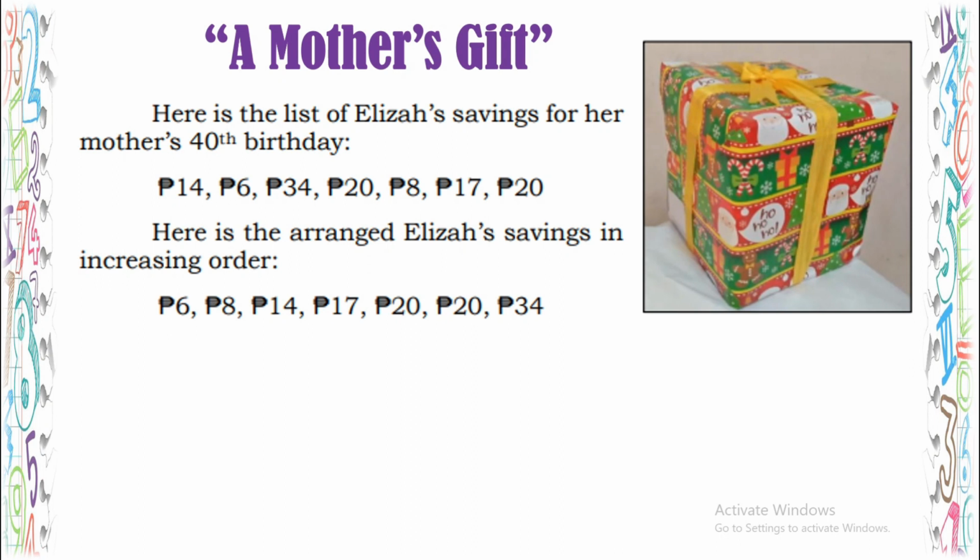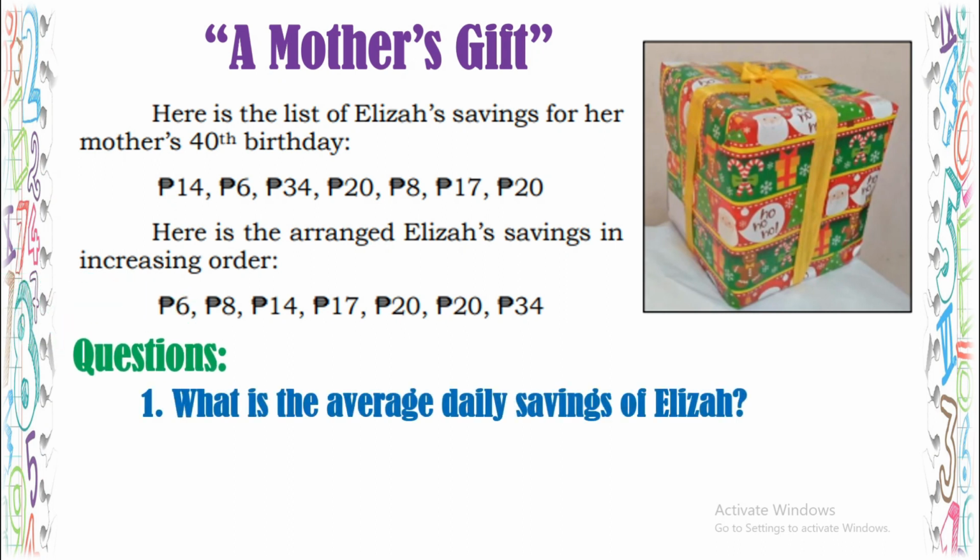Now here is the arranged Eliza's savings in increasing order: 6 pesos, 8 pesos, 14 pesos, 17 pesos, 20 pesos, 20 pesos, and 34 pesos. Now, using the given data, answer the following questions. First, what is the average daily savings of Eliza?